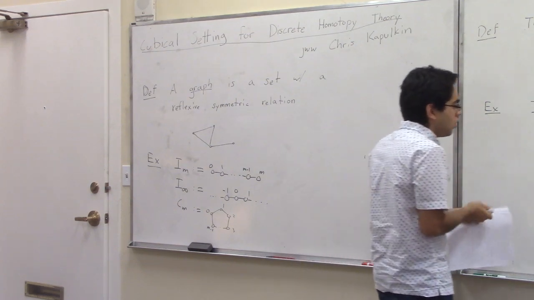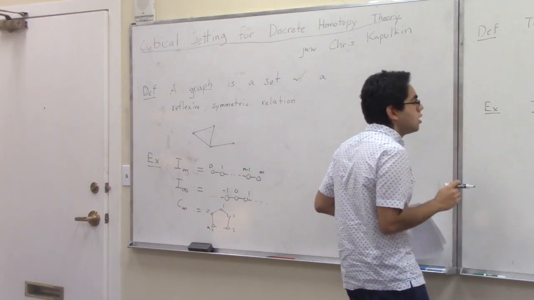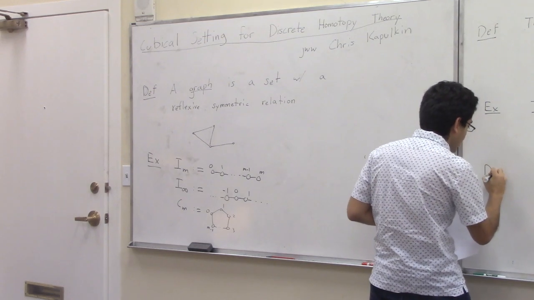OK, so once I have a multiplication, I can now tell you what a homotopy is.